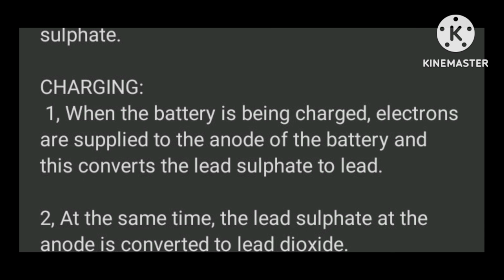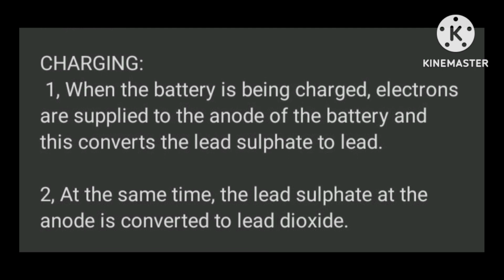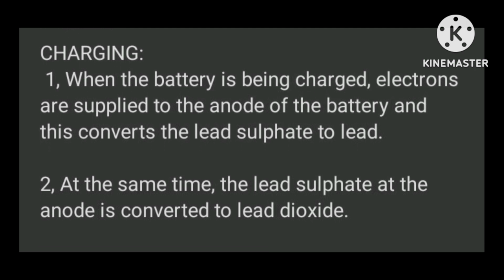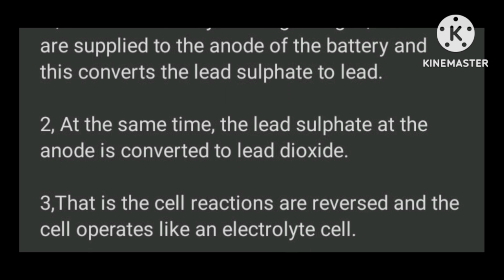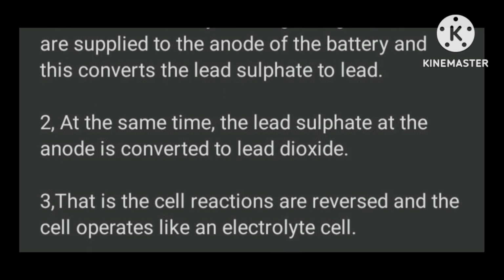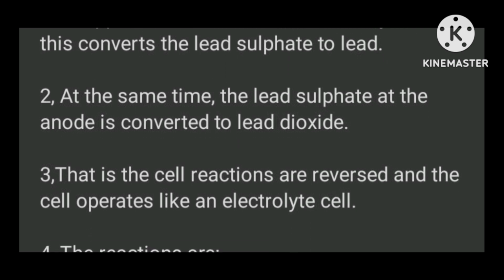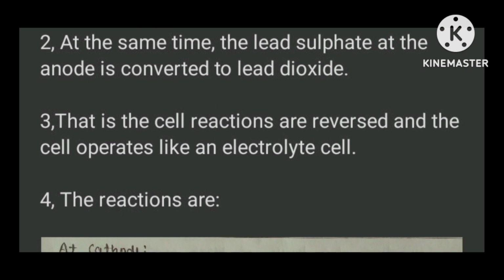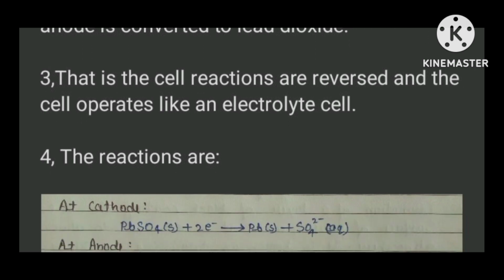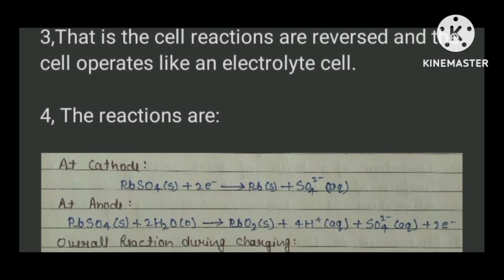Charging. 1. When the battery is being charged, electrons are supplied to the cathode of the battery and this converts the lead sulfate to lead. 2. At the same time, the lead sulfate at the anode is converted to lead dioxide. 3. That is, the cell reactions are reversed and the cell operates like an electrolytic cell. 4.